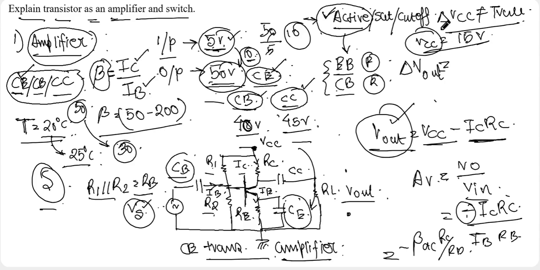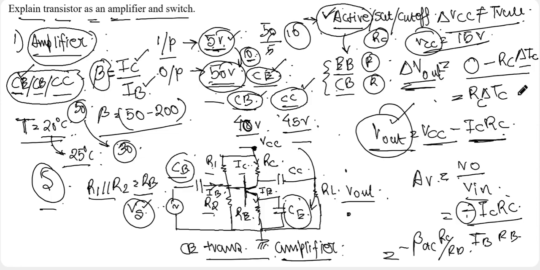So this VCC is not changing at all. The VCC is always fixed. So if we are finding out the del of V out, del of VCC will be equal to 0. And in ICRC, the collector resistance value is always fixed. We cannot vary the value of the resistance. So the resistance value will remain fixed always, and the collector current will vary. Okay, so we can represent del of V out is equal to 0 minus RC del of IC. So it can be represented as minus RC del of IC.